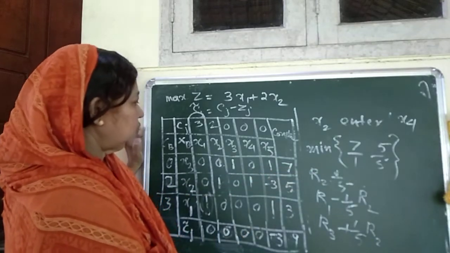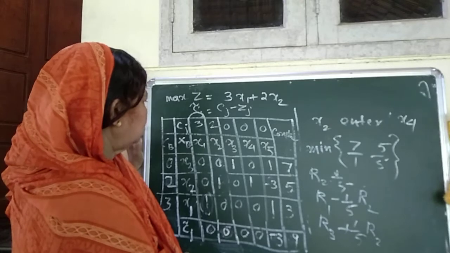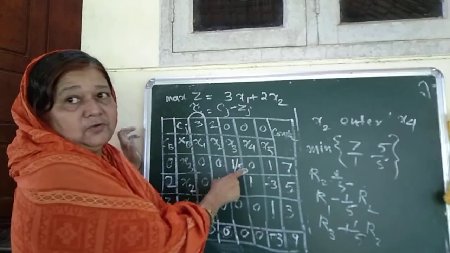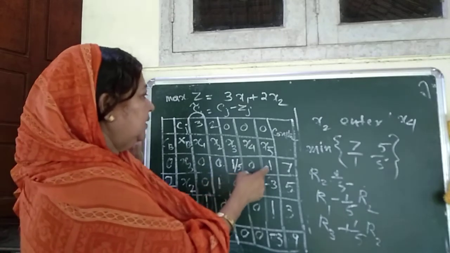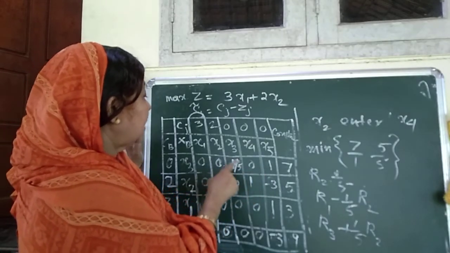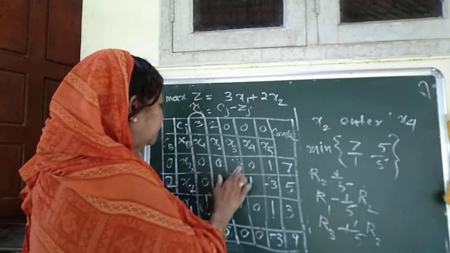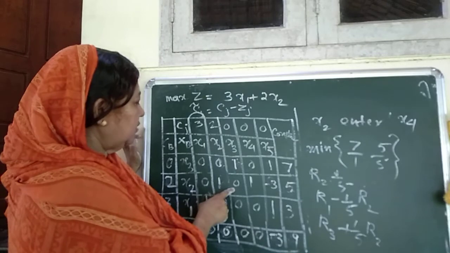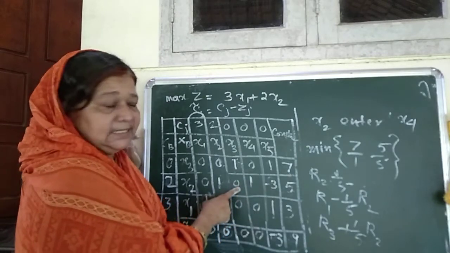So R2 into 1 by 5. R2 into 1 by 5 gives 1 by 5. 0 into 1 by 5 gives 0. Sorry, R2 into 1 by 5. So R2 into 1 by 5 gives x3 is 0.